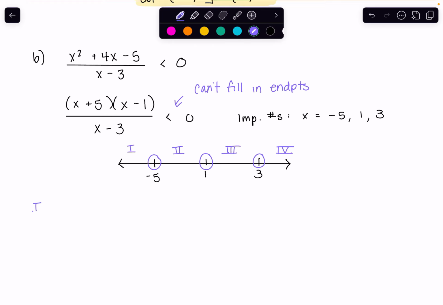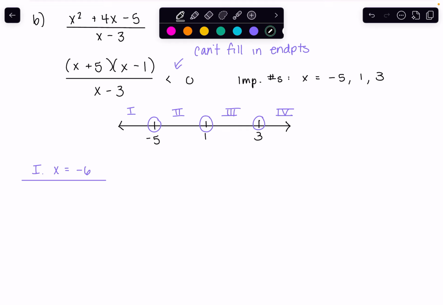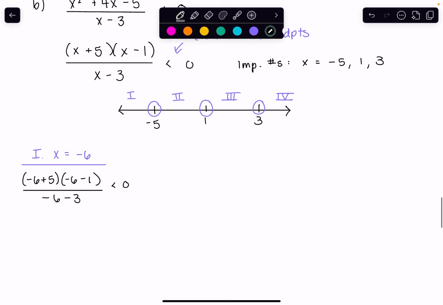But I've got 4 intervals to pick. So starting with interval 1, we'll pick -6. Okay. And so if I plug that into that factored form, that's -6 plus 5, -6 minus 1, and then -6 minus 3, and we want this to be less than 0. -6 plus 5 is -1.